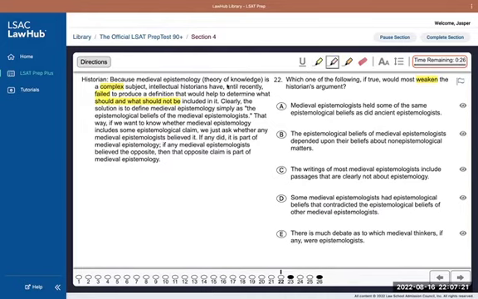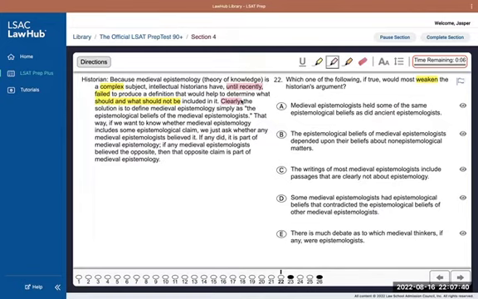That is until recently. Clearly, so this might be their conclusion, the solution is to define medieval epistemology simply as the epistemological beliefs of the medieval epistemologists.